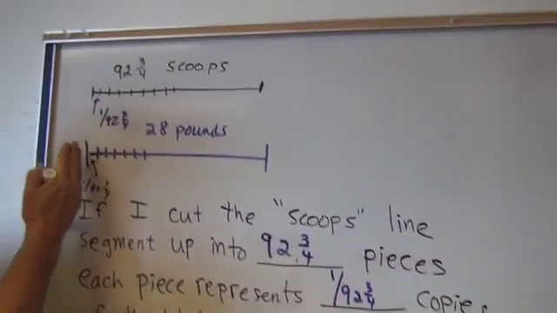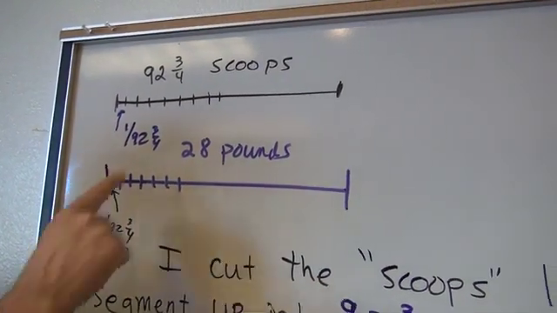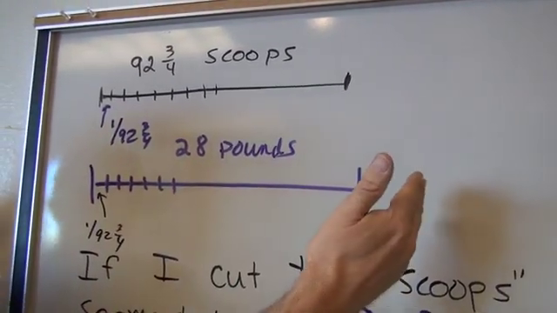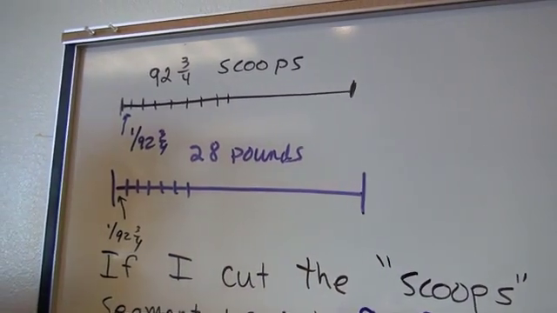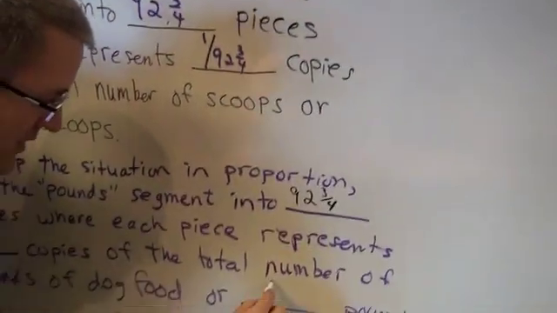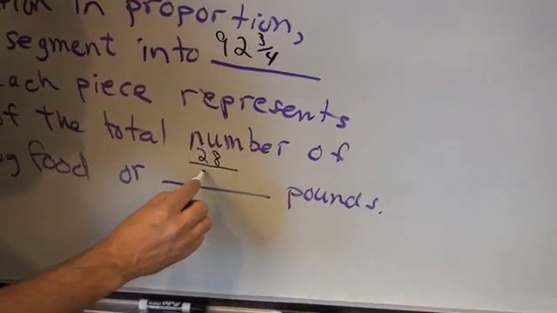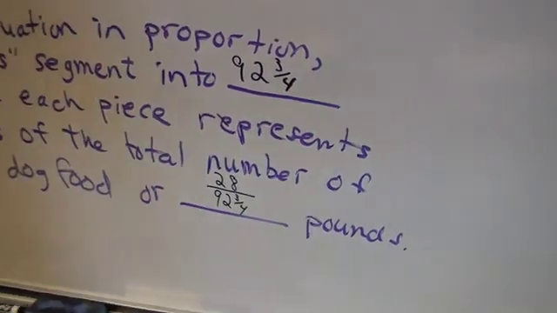Since I cut that up into that many pieces, we're taking those 28 pounds and partitioning it into 92 3/4 individual pieces. And so each one of those sections is taking those 28 pounds and dividing it into 92 3/4 individual pieces.